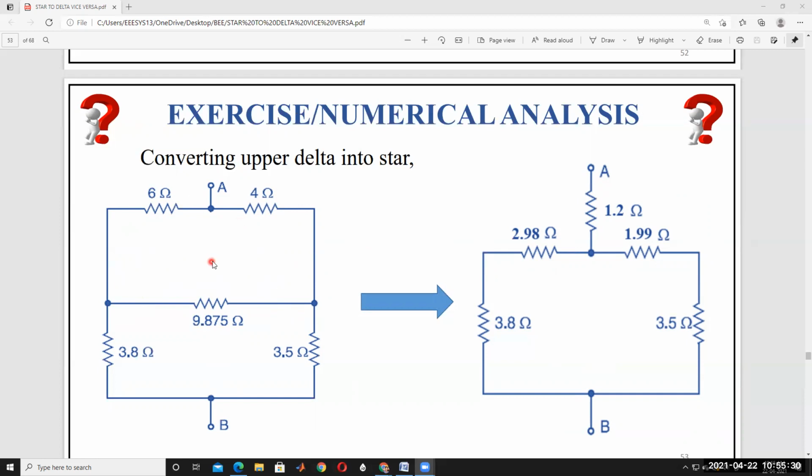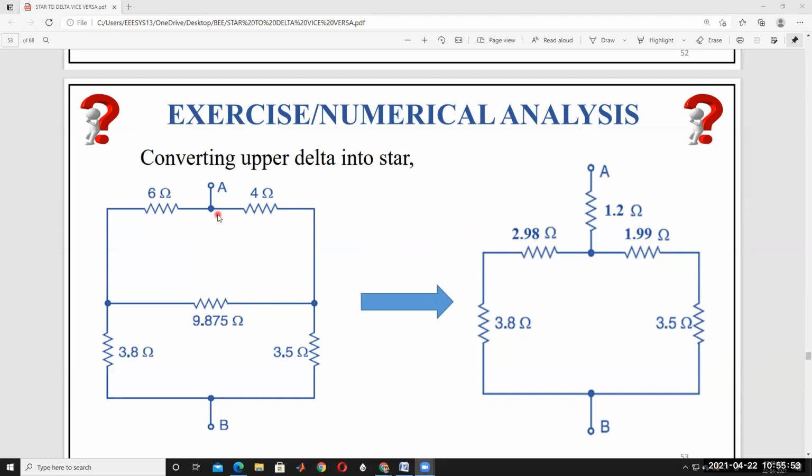So for delta to star conversion, 6 into 9.87 by 6 plus 9.875 plus 4. So we'll get 2.98. Similarly, what is the resistance here? 2 into 9.875. Okay. So addition of all resistances, we'll get 1.9.